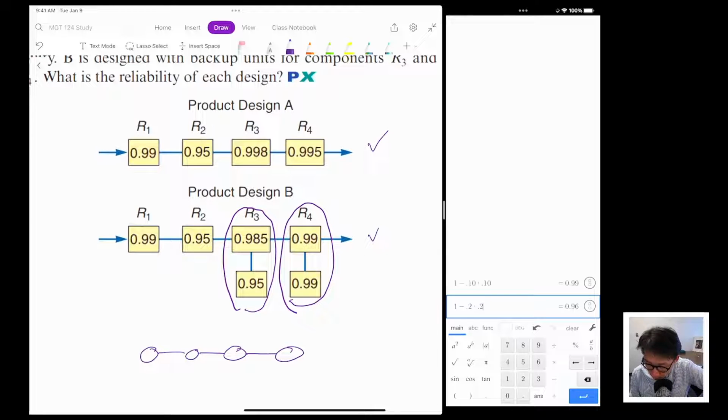R3 and R4, since they have a backup, will have extremely high reliability. So I don't know what the answer is here. It looks like this is 0.998. It's fairly high. I think this will most certainly beat this one. I just don't know whether this can beat this one.